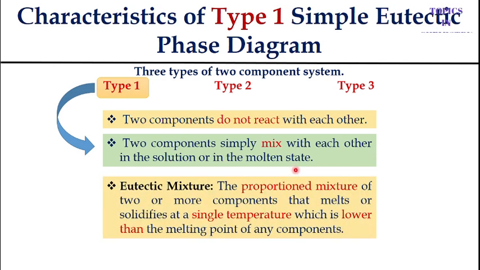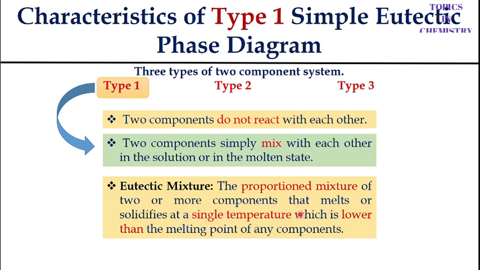Number 3, this is the most important point. Here the two components form a mixture, and in that mixture they mix in a particular proportion. So this is called a proportional mixture. The proportional mixture of two or more components melts or solidifies at a single temperature.